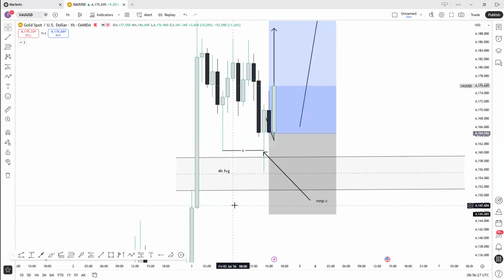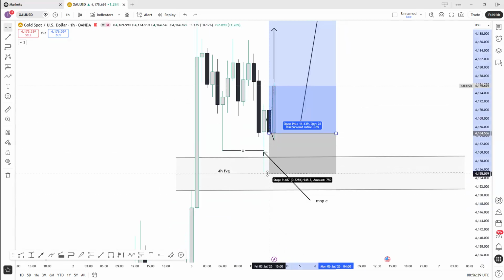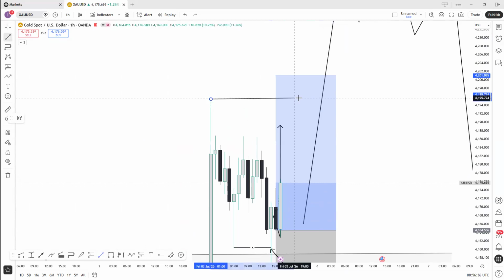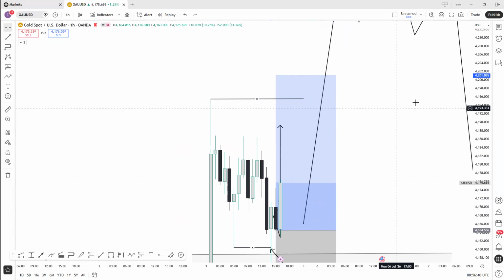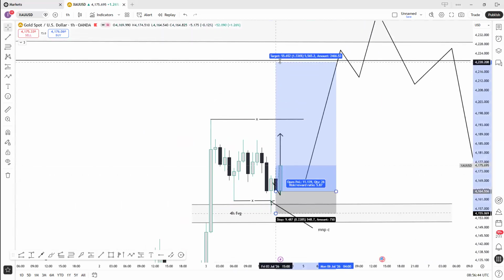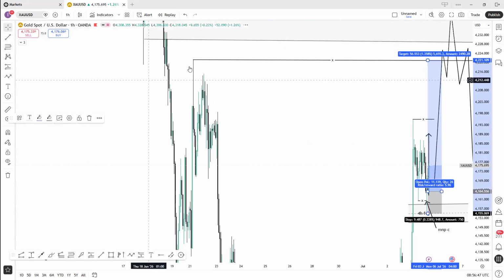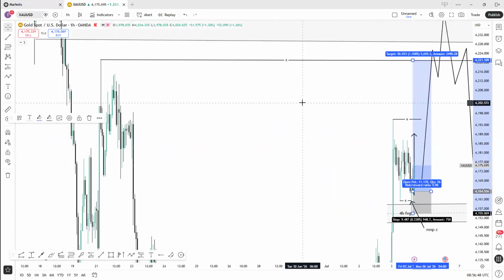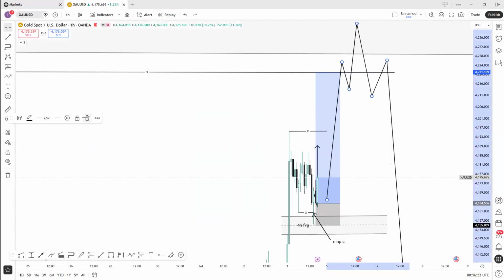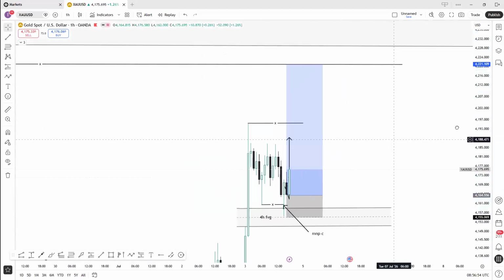Stop loss was around this low, and our first target was around this high here. Our final target is around another high. On the left side, you have that buy side liquidity, that high. That is our next target.